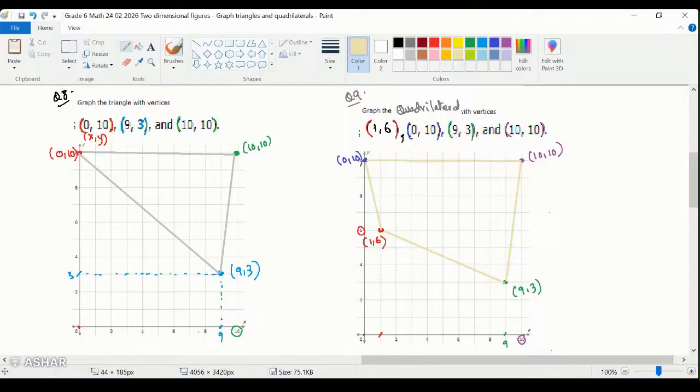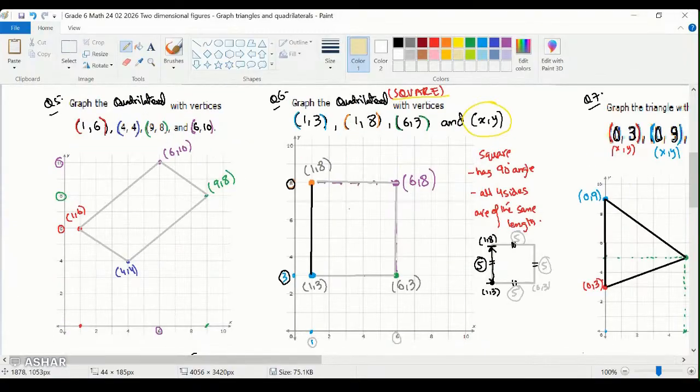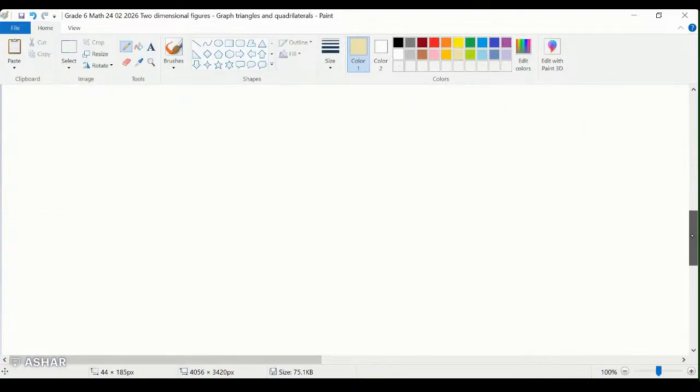Okay, let's try and do some questions from the test. Just a moment, please. Let me copy. Okay, the first question says, graph the triangle. If this is a question given to us, I'm trying to do some questions from the test so that we have a better idea.